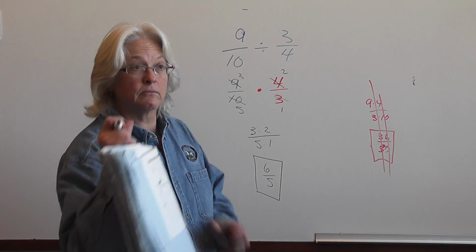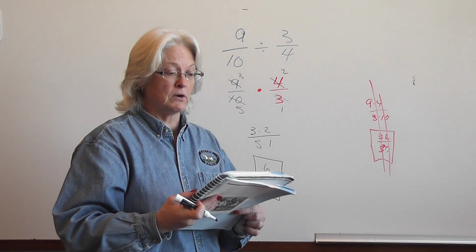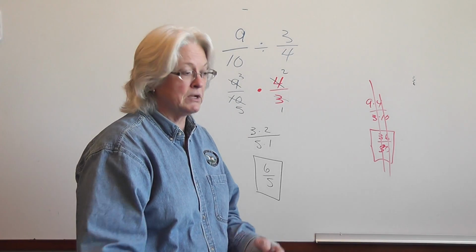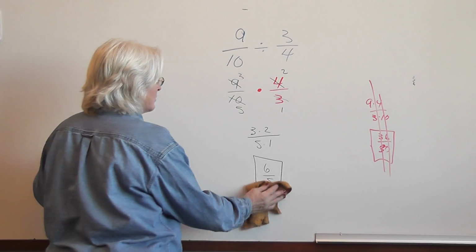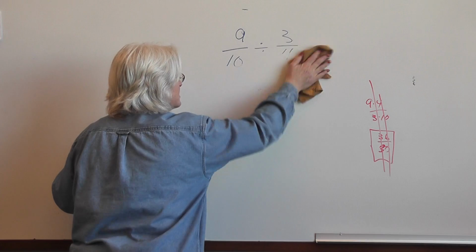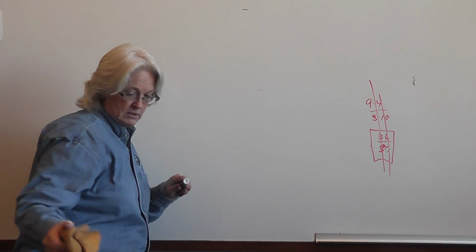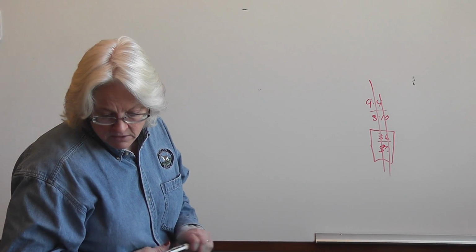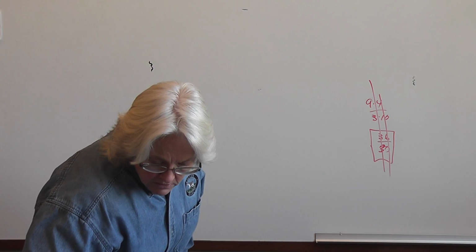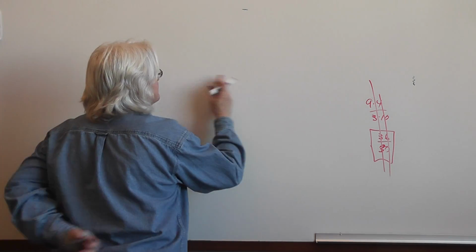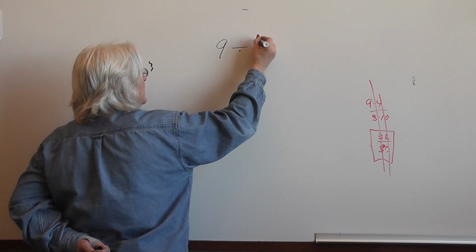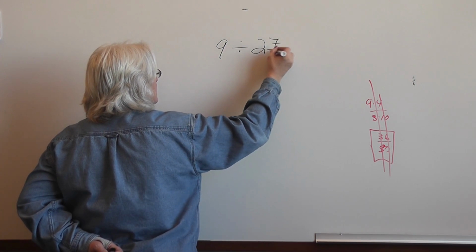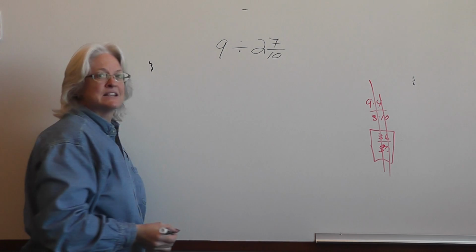Same thing. Last video we said if you're going to multiply whole numbers and mixed numbers, you convert those to fractions first. Well, let's do that. We have 9 divided by 2 and 7/10.